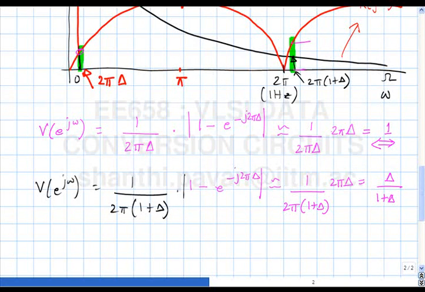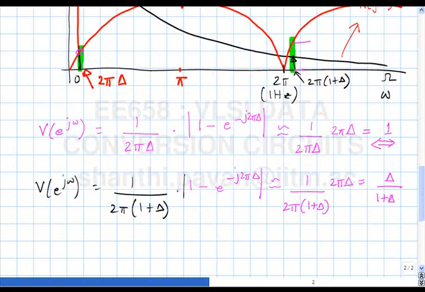So what can you say about the magnitude of the signal transfer function for the alias band? It is approximately delta, okay, and so is that small or large? It is very small, okay.